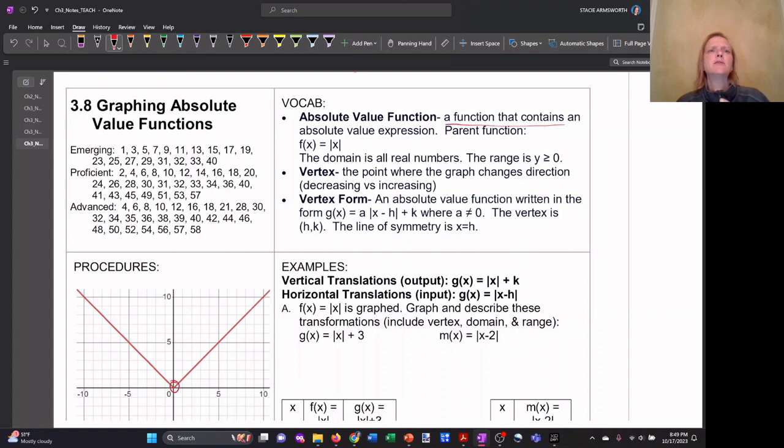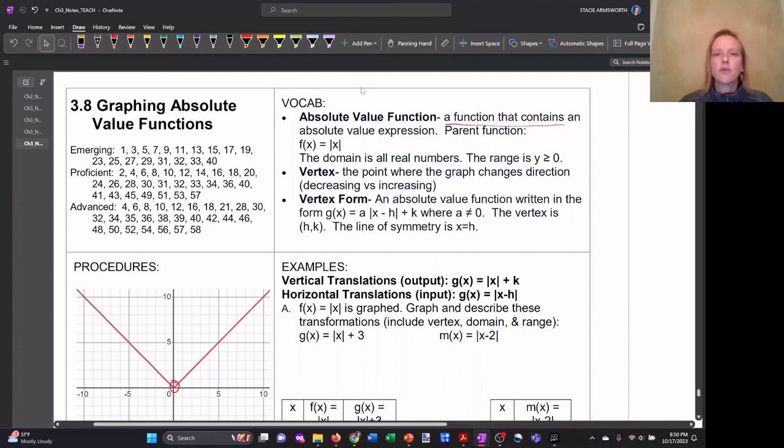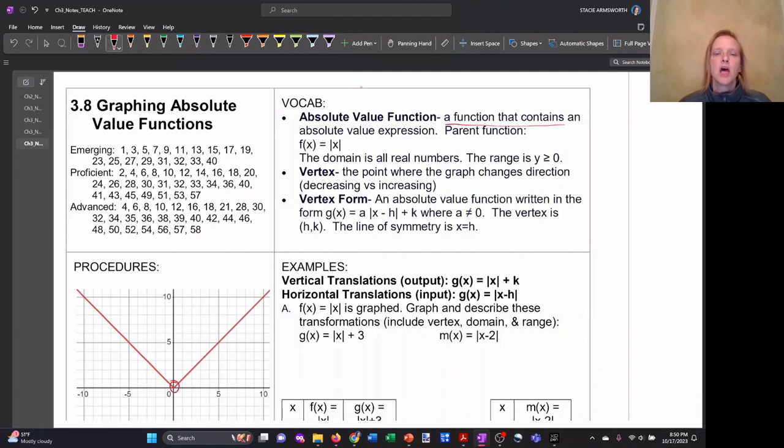So let's look at the same kinds of transformations we did last class. Vertical translations, horizontal translations, vertical stretches, vertical shrinks, and also doing reflections, and horizontal reflections and stretches and shrinks as well. So let's start with vertical translations.